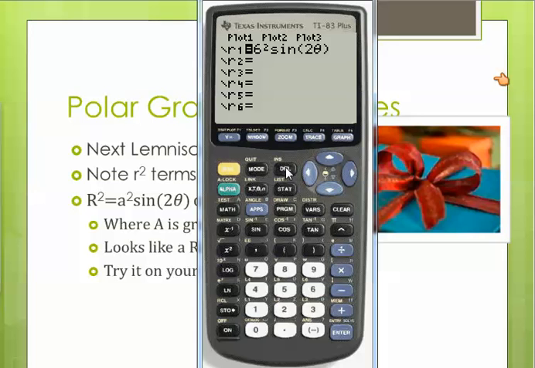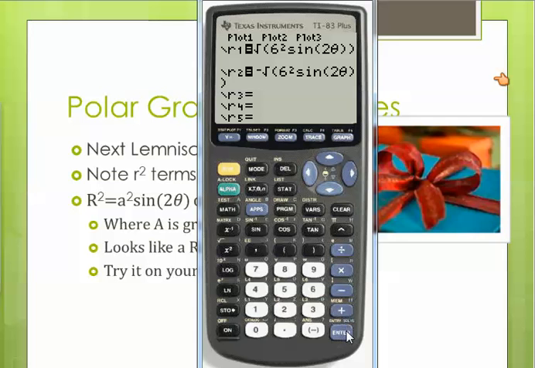So I'm going to insert a square root symbol here. Like I said, I had to think about it. Once my calculator died, I didn't think about it. And then I'm also going to put a second square root of 6 squared sine 2 theta parenthesis.